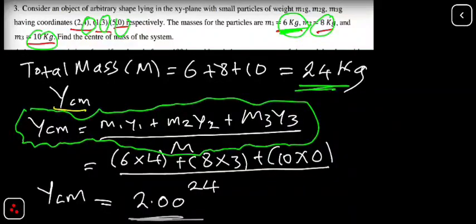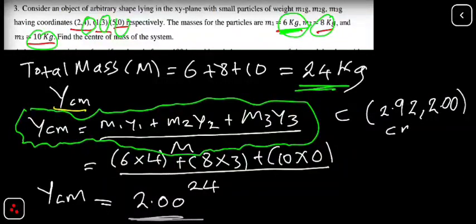So now we conclude that our center of mass, which I'll denote as C, the center of mass of the system, is located at the coordinates: the first coordinate, the value of x we found, 2.92, comma, the second coordinate, which is 2.00, in centimeters.